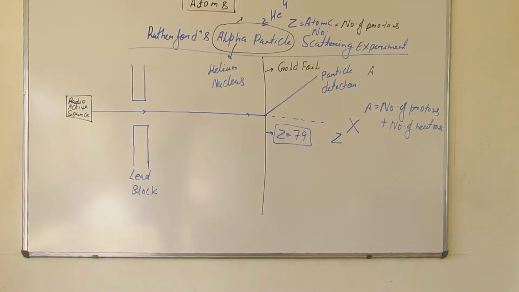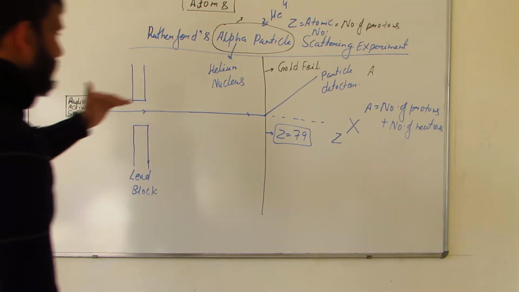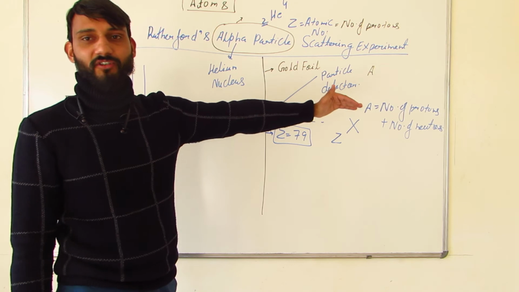So what are we supposed to understand in this experiment? First of all, the observations which he made. The first observation was that most of the alpha particles passed through the thin foil undeviated. It means they did not deflect here and there, but went straight.